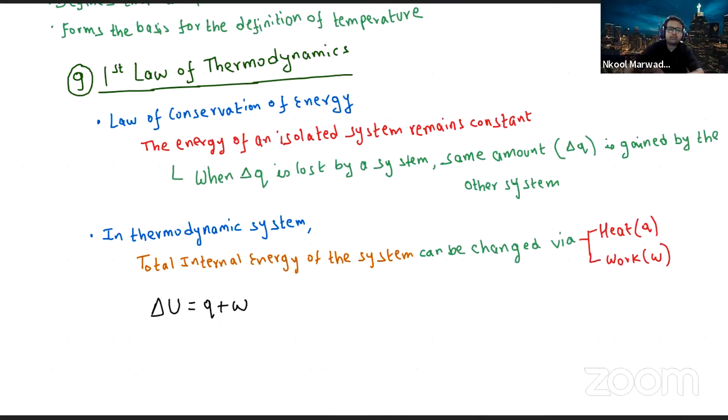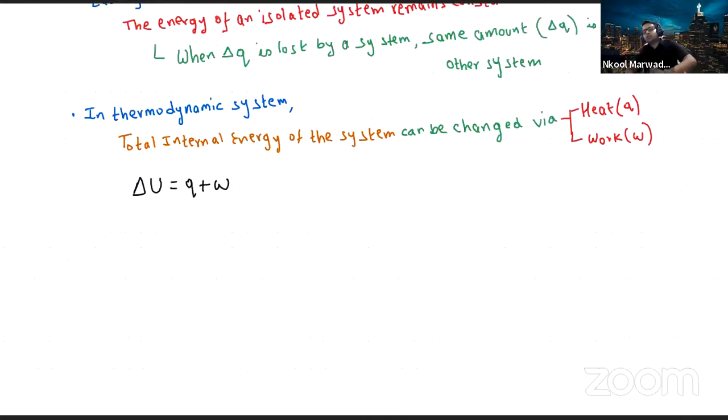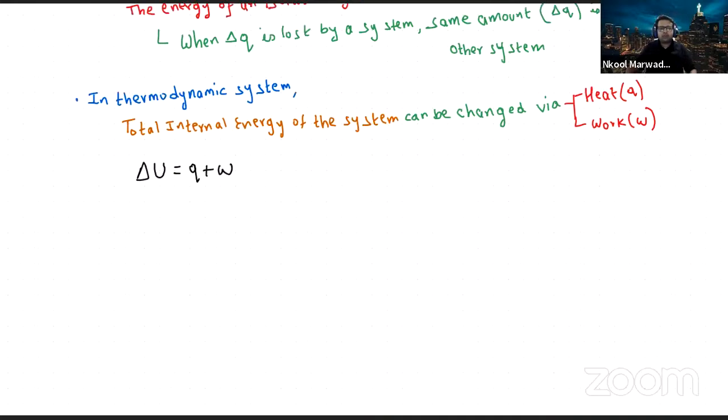Now let us look at some sign convention. Then we will look at some more mathematics, because there is always a confusion between Q plus W, Q minus W, minus Q, and all that. So this sign convention is very important. Let us focus on that.